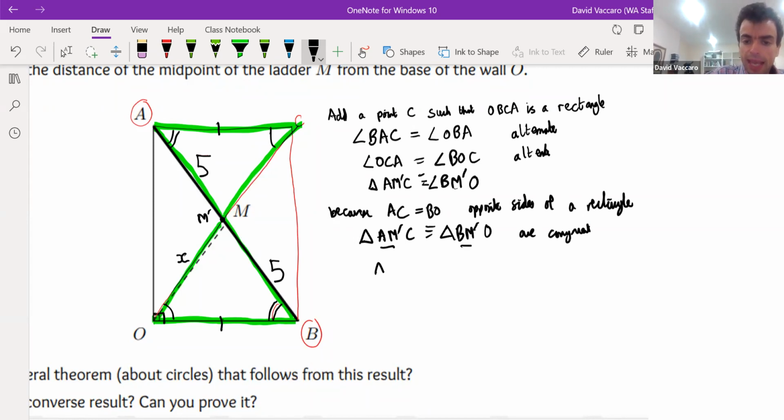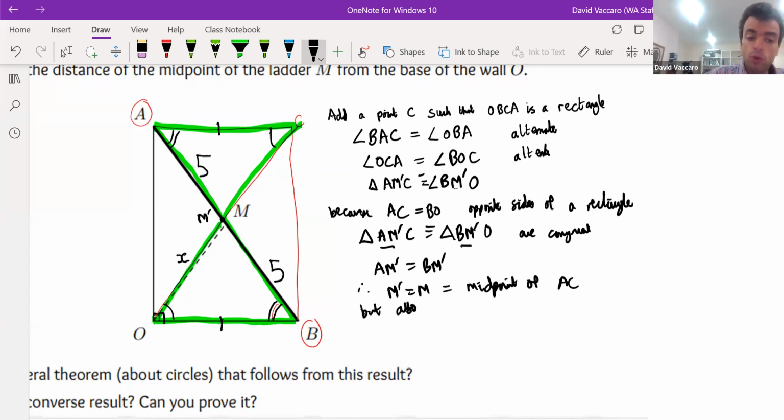That means that AM- is equal to BM-, therefore M- is equal to M, the midpoint of AC. But what we also have is that OM is equal to MC.